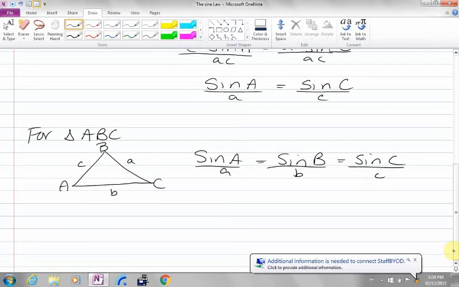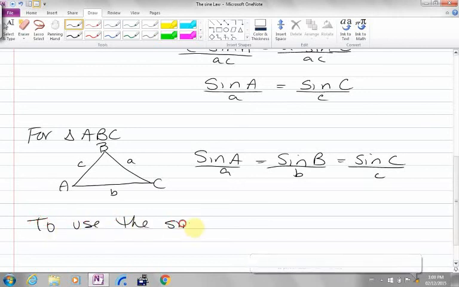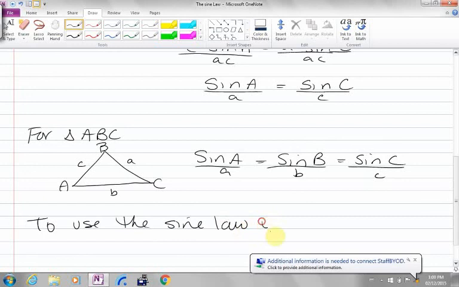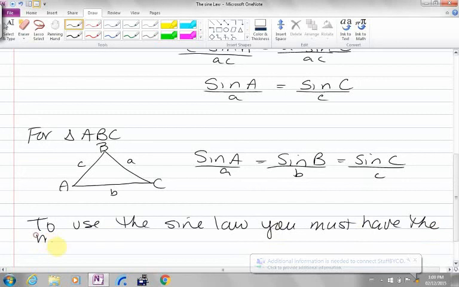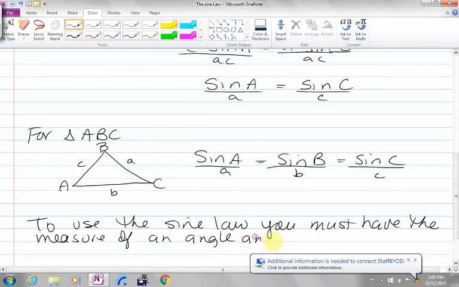That should hopefully make sense. So, to use the sine law, you must have the measure of an angle and its opposite side.